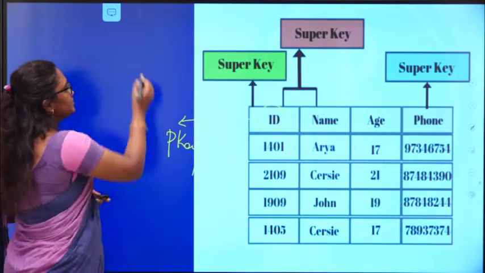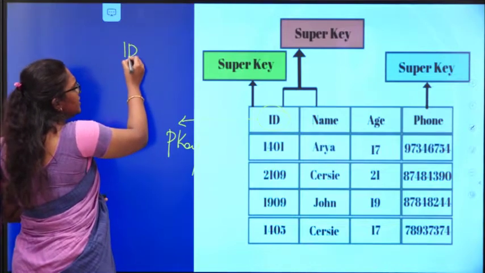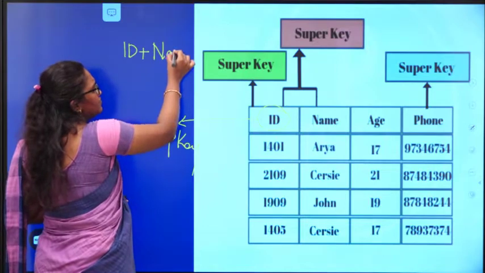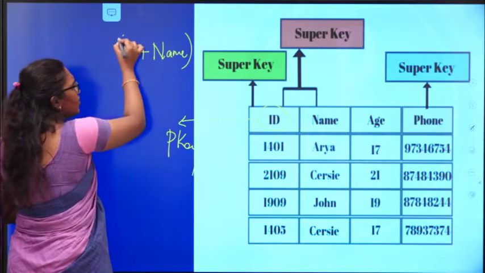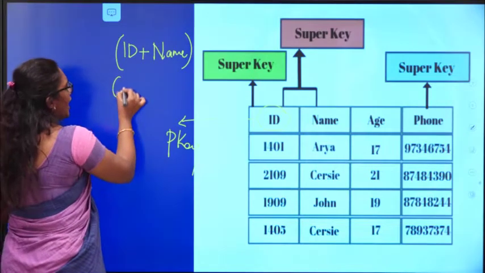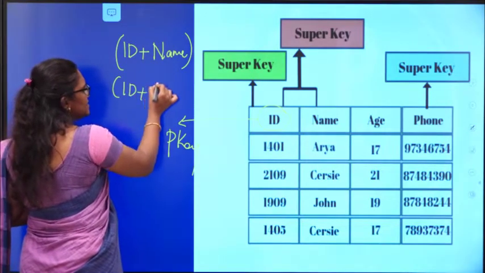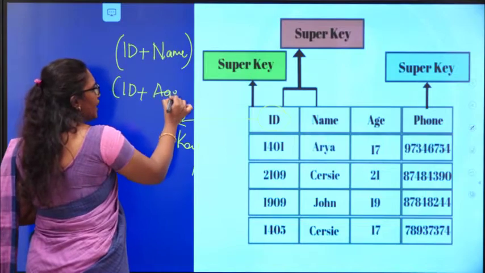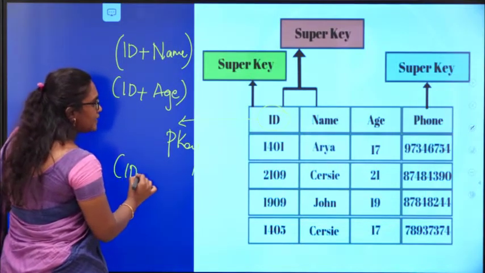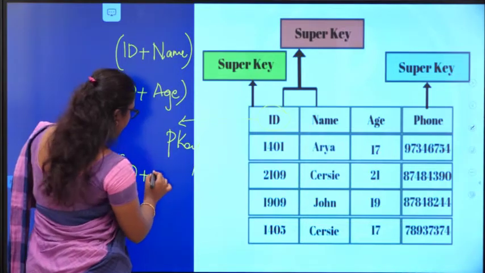Here, if you consider ID as a primary key, with ID I am having name. So this is one super key. The second super key is ID plus age. The third super key is ID plus phone.